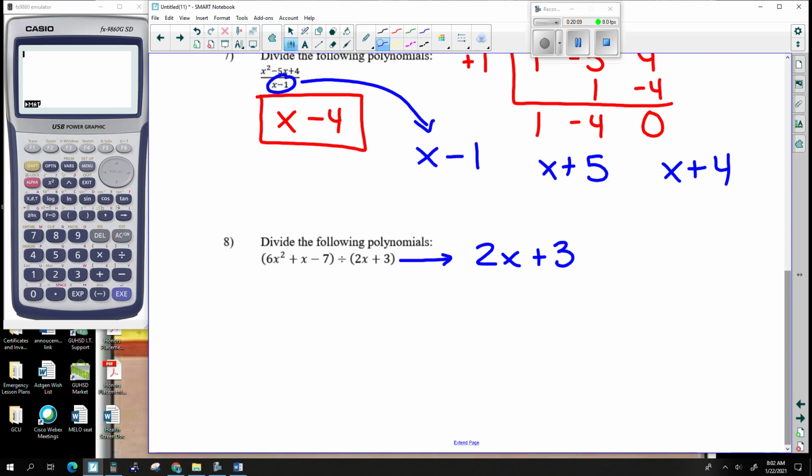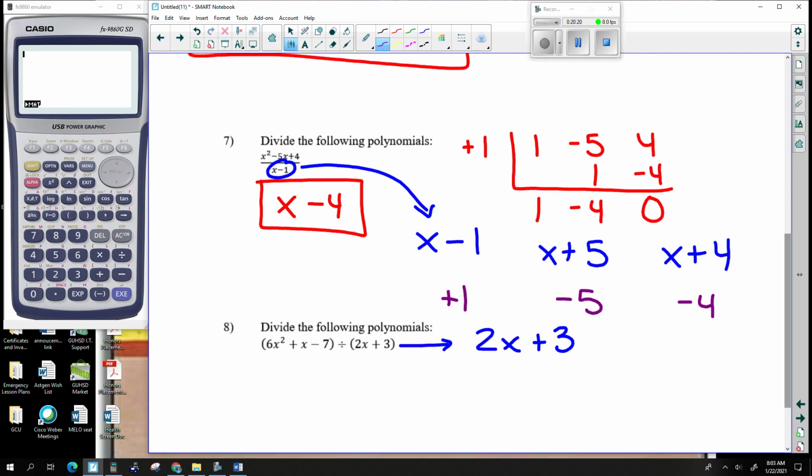Now, when I'm dividing in synthetic division, why am I choosing +1, -5, and -4 for these things? How do I come up with that number? Well, technically what I'm doing is this. When I have an x minus 1, I'm setting it equal to 0. And so if I do that, what is x equal to?